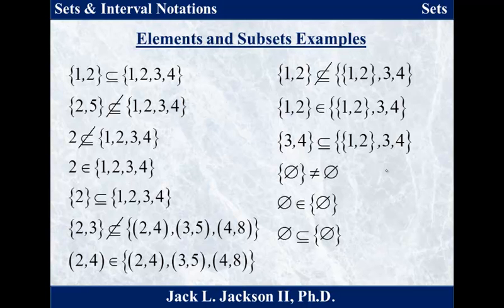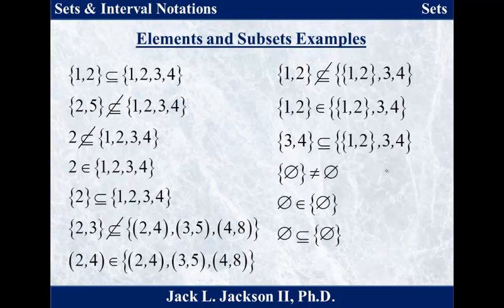2 is not a subset of the set containing 1, 2, 3, 4. 2 is not a set. It's a number, it's not a set, so it can't be a subset of anything. 2 is an element, however, of the set {1, 2, 3, 4}. And the set containing 2 is a subset of the set containing 1, 2, 3, 4.